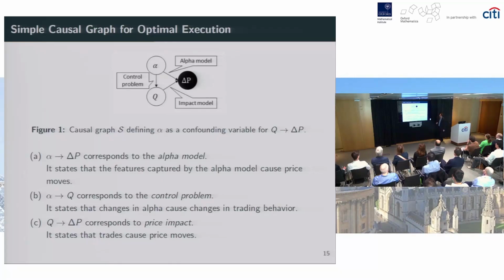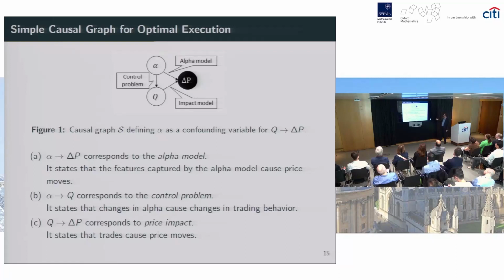Things like that. So here's the very simple graph I proposed for our problem, the prediction bias problem. I have the features that drive my alpha model, call it the earnings data or whatnot. And those features also drive the stock price. So I have an arrow from alpha to returns.